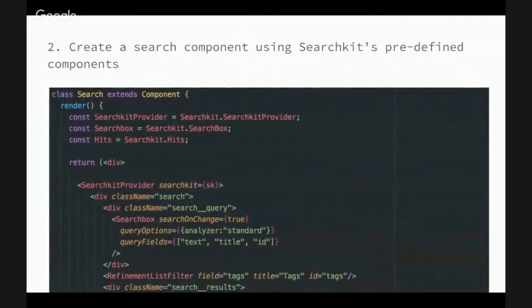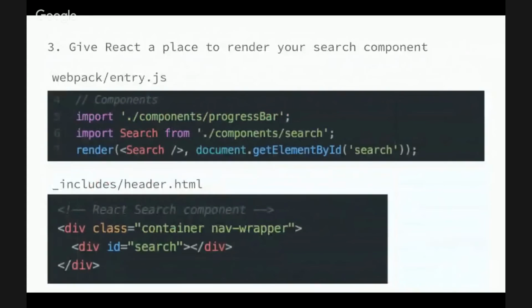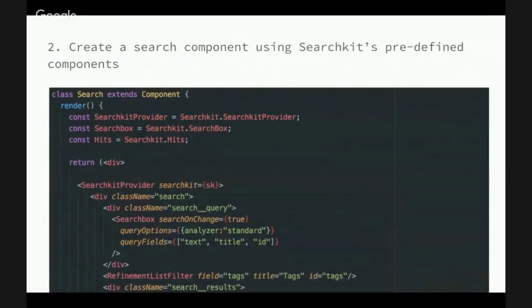And also, I'm going to create a big wrapper search component called search, and it includes a bunch of SearchKit's components: the SearchKit provider, the search box, and then the generated hits. I create this component with React, and I didn't have to write any of these components. They just came with SearchKit.